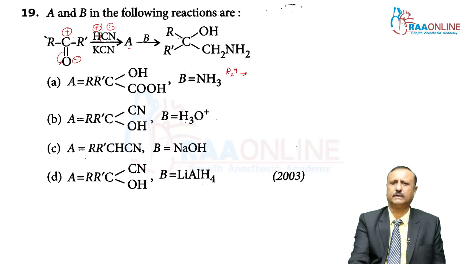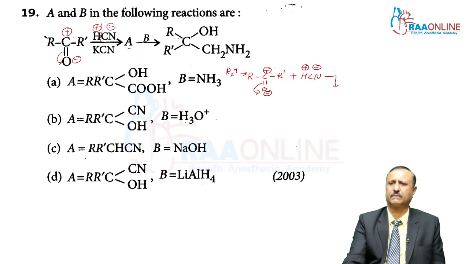So you can get the RCOR dash plus HCN. And by this HCN, my dear students, you can get the plus and minus charge, and this negative charge is present on this oxygen atom, positive charge is present on this carbon atom.